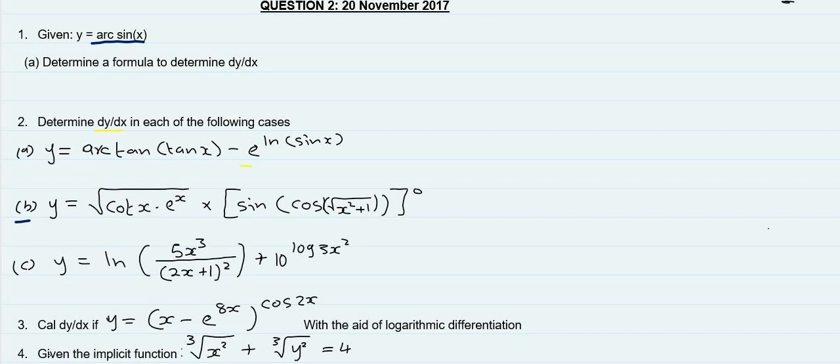And number 4: given the implicit function x cubed times the cube root of x squared plus the cube root of y squared equals 4. Then let's go to number 1.